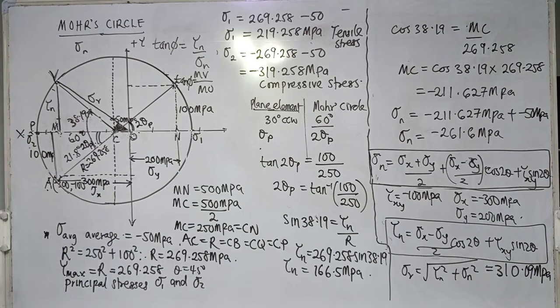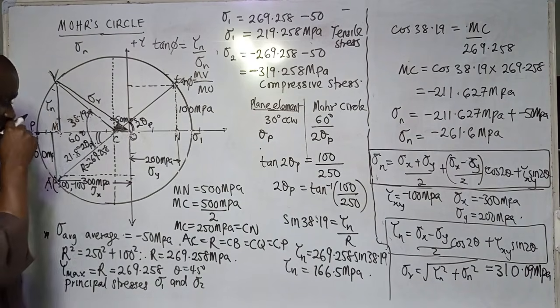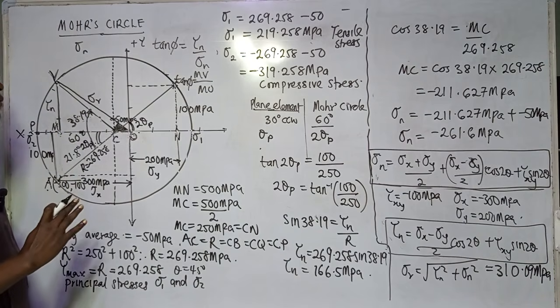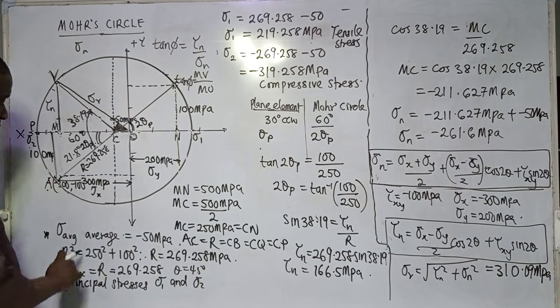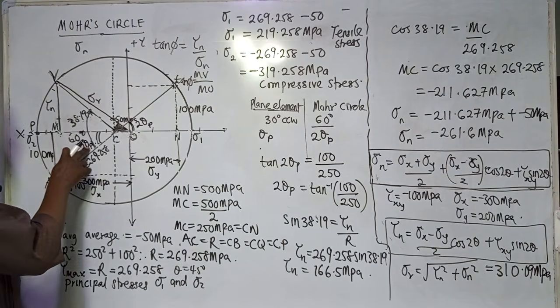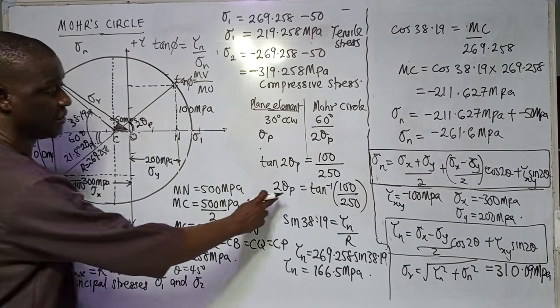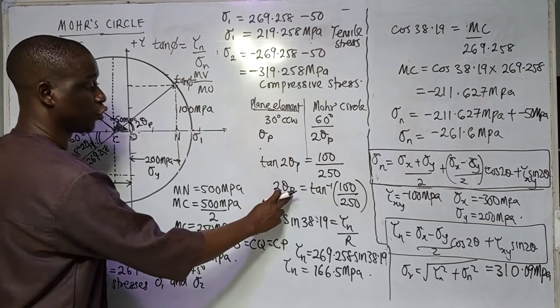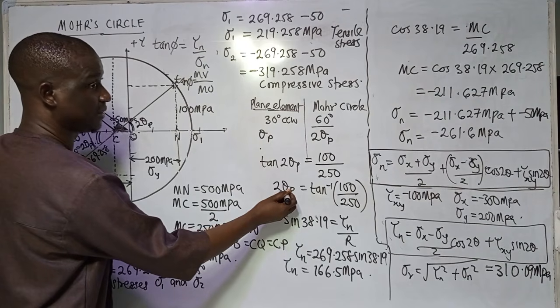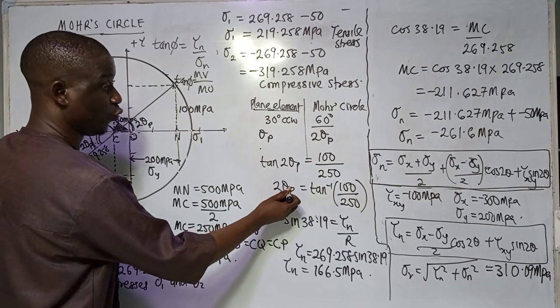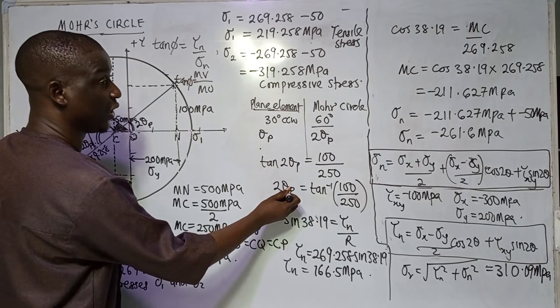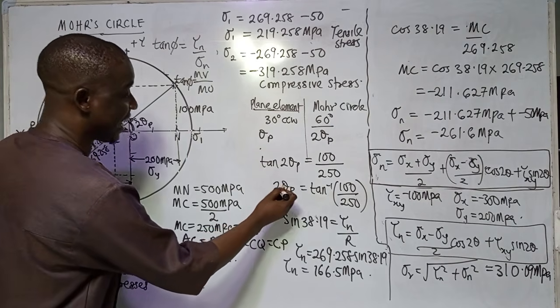Now, another thing you can be asked in the examination is about τmax. We have talked about τmax. So what is the angle to the plane? You can solve it from here. For the principal stress, what is the angle of the orientation of the principal stress to the x-axis?